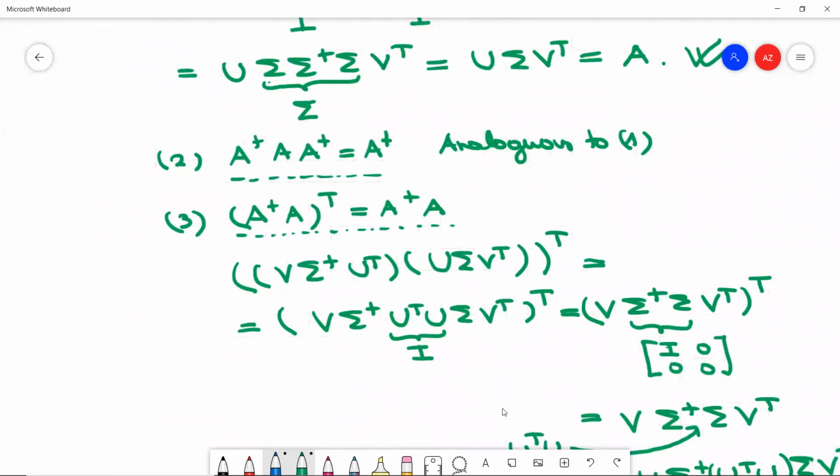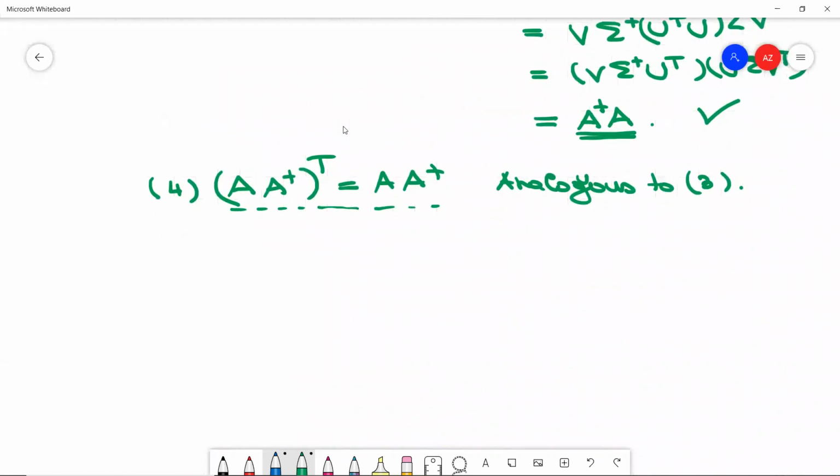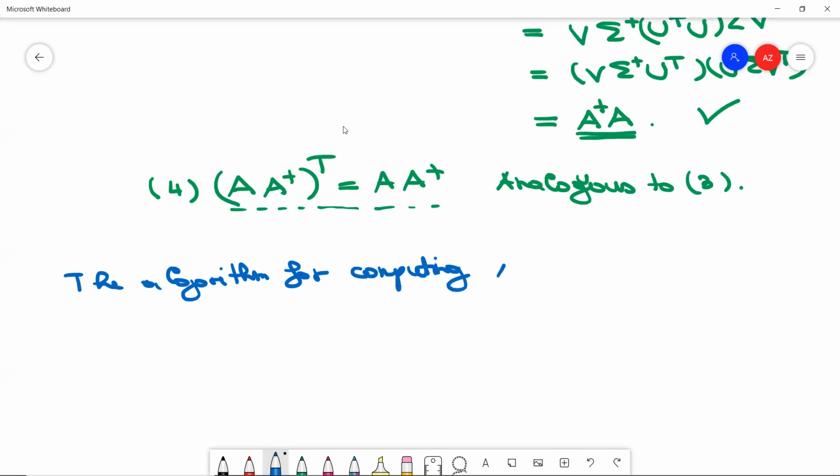So the algorithm for computing the MP inverse A plus.